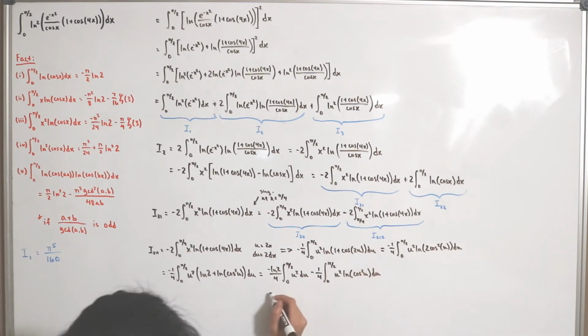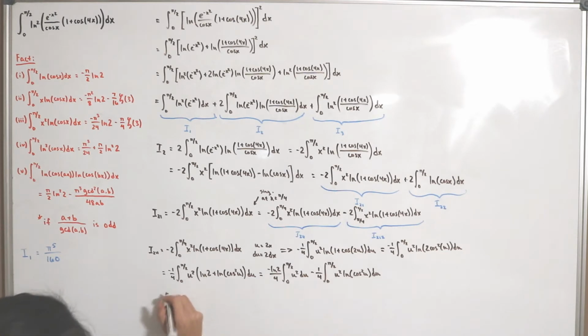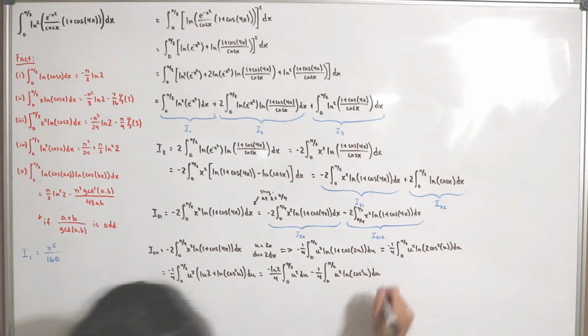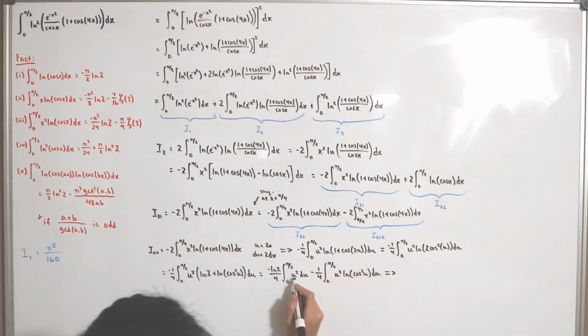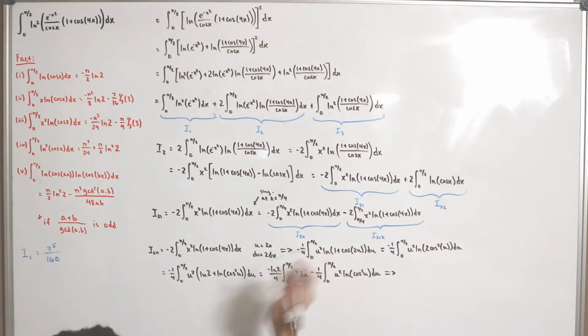Okay, so now computing this integral is straightforward. You just use the power rule. Again, I'm going to skip some steps. If you evaluate this definite integral, you get negative natural log of 2 divided by 4, and then multiply by, well, simplify this out, you get 1 over 3 multiplied by the cube of pi over 2, and then you plug in 0, obviously you get 0.